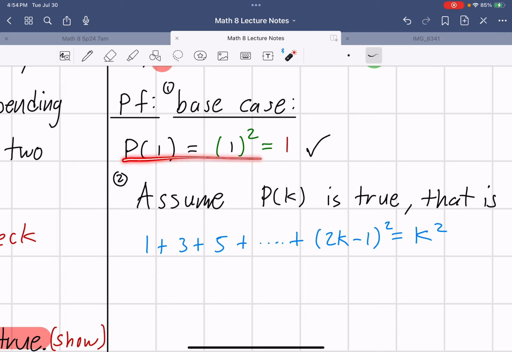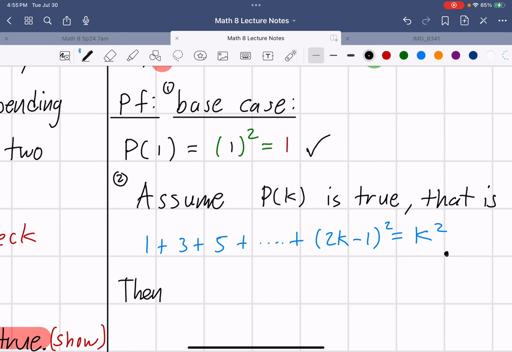So I check the base case. I assume P of K is true.